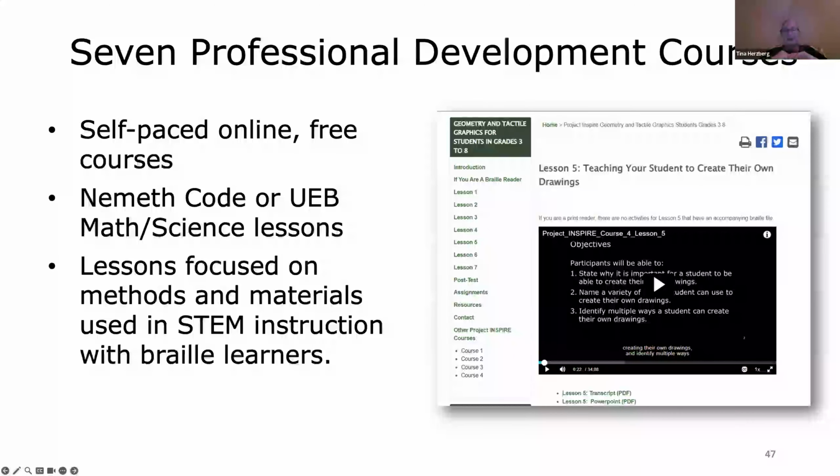Everything is there, and when we officially offer them next year, you can actually get ACVREP CEUs. But even before we offer them, they're all online and you're welcome to take them. About half of them are about the code, and the other half is all about methods and materials that we can use in STEM instruction for our Braille readers.